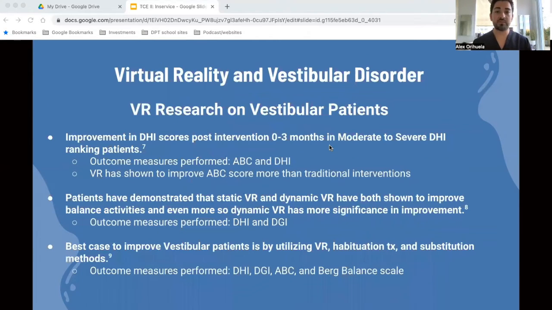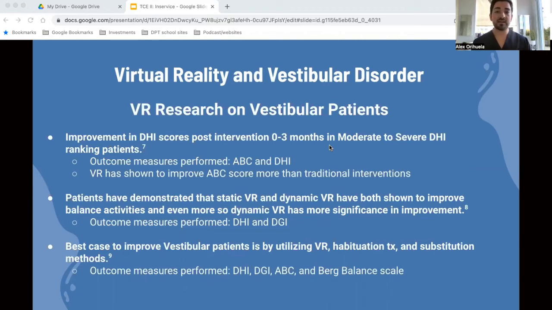Research on virtual reality has shown that interactive video gaming systems that are linked to an aerobic training regimen increase adherence to therapy exercises more than an aerobic training regimen alone. Patients that receive virtual reality rehabilitation exercises have shown to decrease dizziness significantly more than with traditional vestibular rehab exercises.